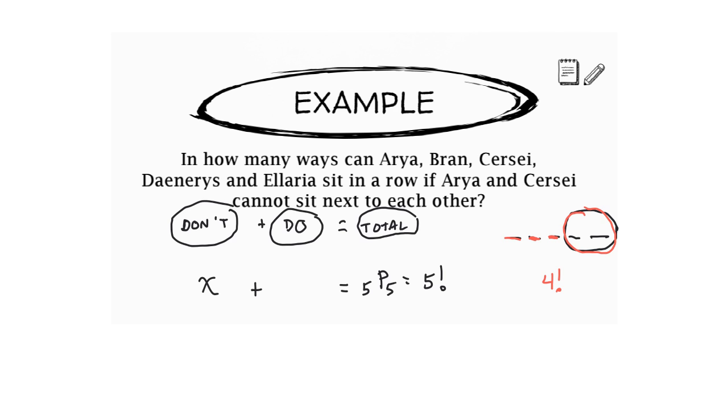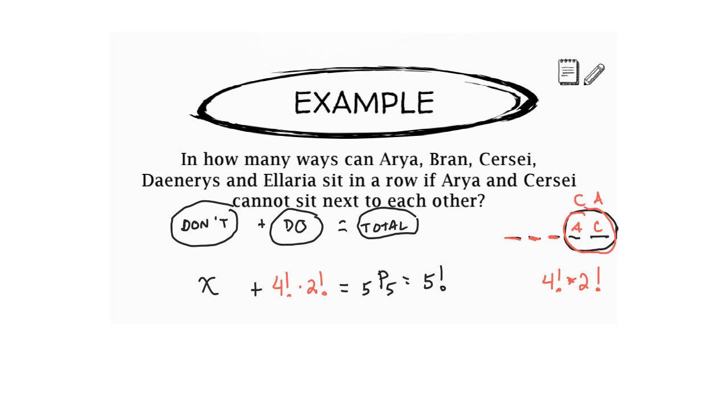However, Arya and Cersei themselves could be arranged in 2 factorial ways. It could go AC or it could go CA. So you have to arrange the 4 and you also have to arrange the bubble. So the total number of ways that these 5 people can sit in a row in which Arya and Cersei are sitting next to each other is going to be 4 factorial times 2 factorial.